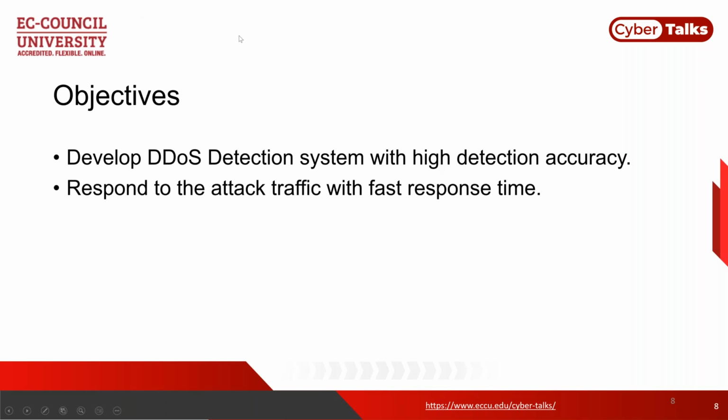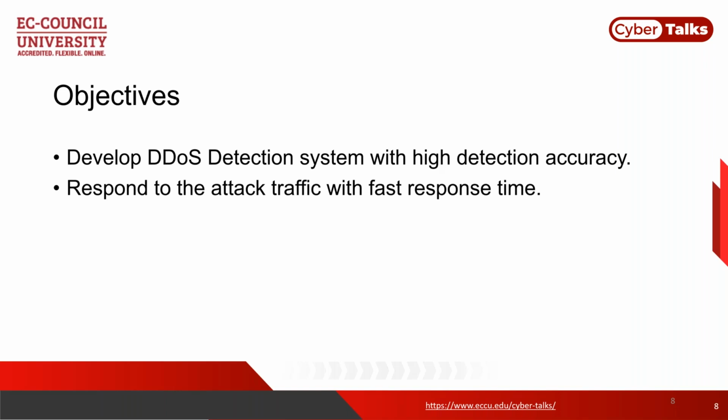So our objective is to develop a DDoS detection system with high detection accuracy. There are a lot of technologies and tools in place, and we always want to do better, right? How do we detect those attacks very fast? How do we detect more accurately? False positives are a very common problem for any organization.